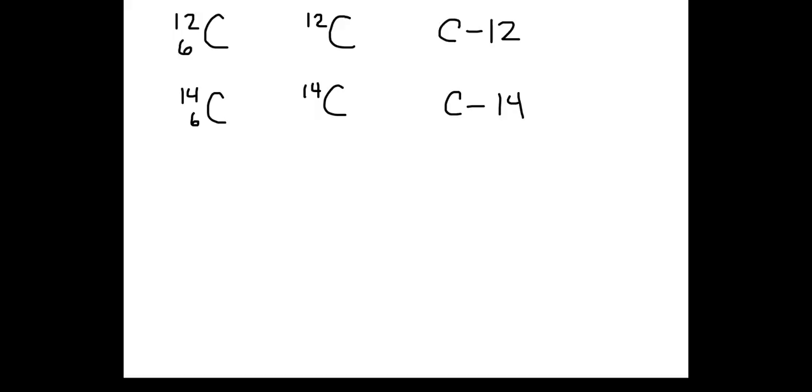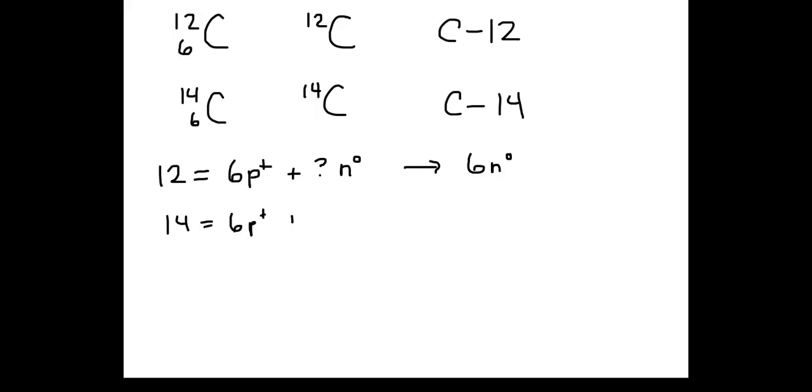So 12 is the mass number. So 12 is equal to 6 protons plus some number of neutrons, right? So when you subtract 6 protons from the mass number, you get 6 neutrons. Then if you do the same thing for C14, 14 equals 6 protons plus however many neutrons.